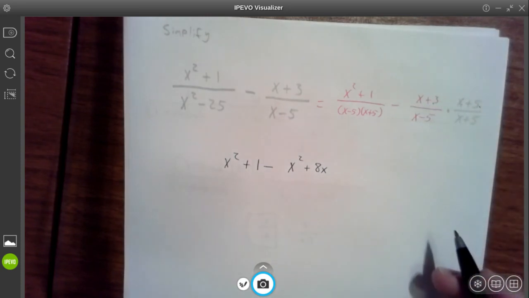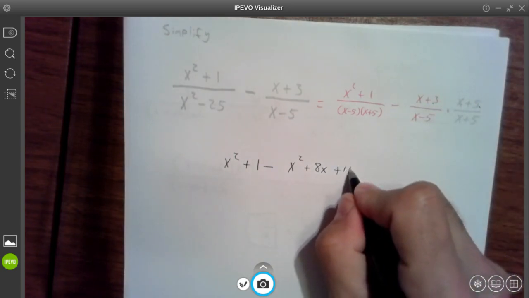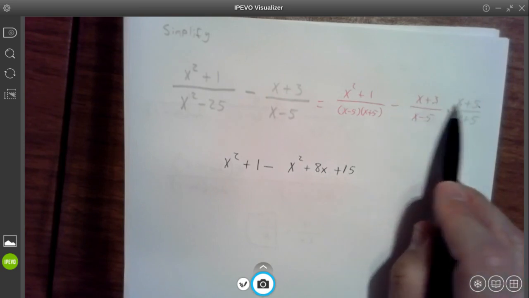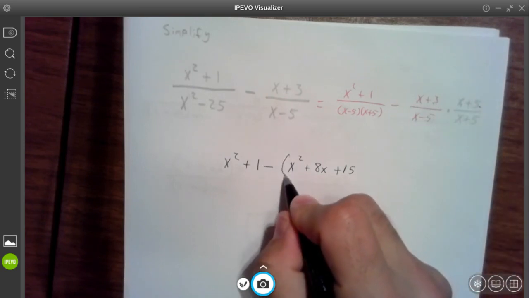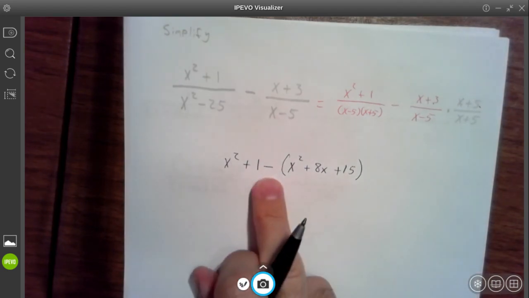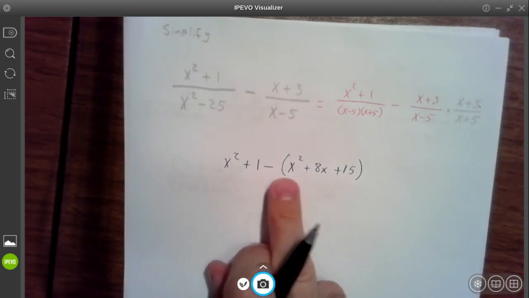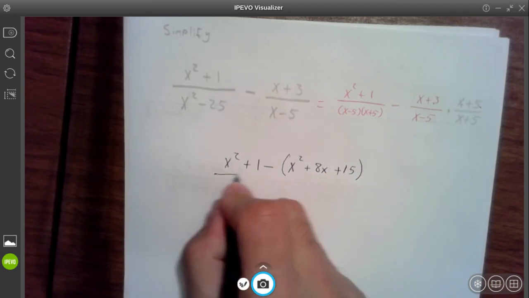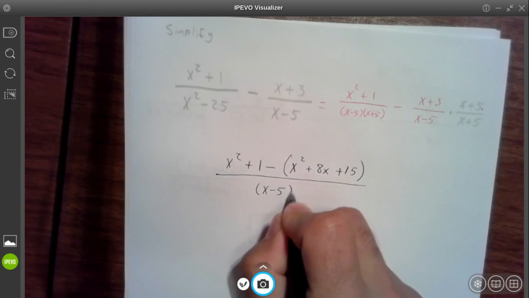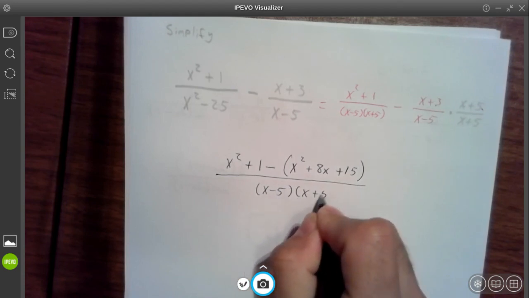And then 3 and 5 will make a 15. And here's the thing. We need to subtract all of this, so I have to wrap this in parentheses right here. It's going to be very important because eventually you're going to need to change all these signs. And then in the bottom, it'll still be an x minus 5, x plus 5.